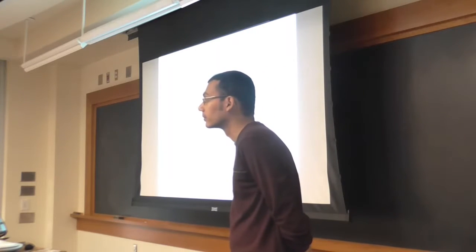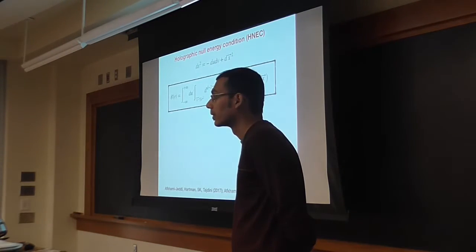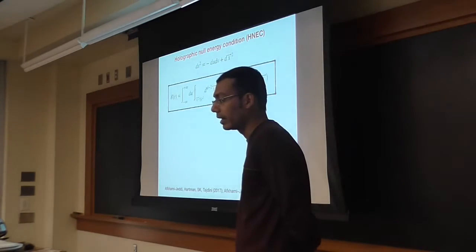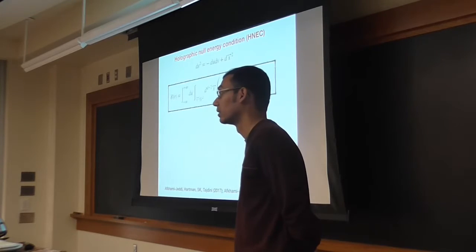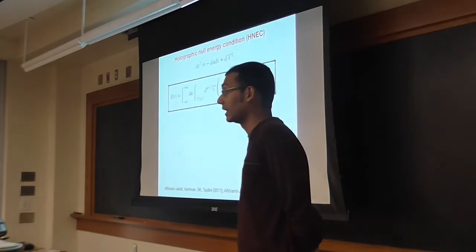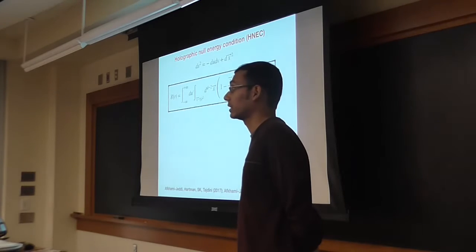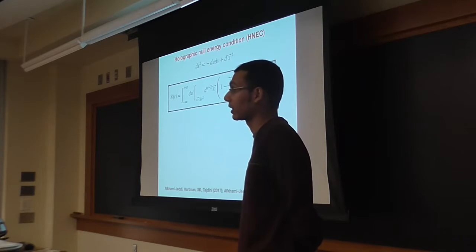Maybe I don't understand. Isn't locality independent of causality? If you have a non-local theory, it doesn't have to obey causality. That's right. Causality is necessary but not sufficient. It's not that if you have asymptotic causality you'll have a local bulk.